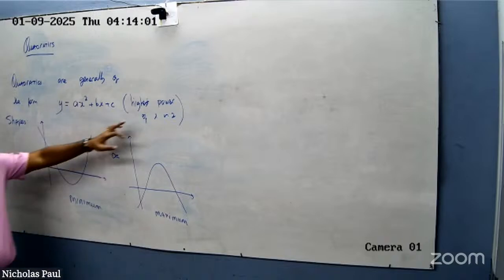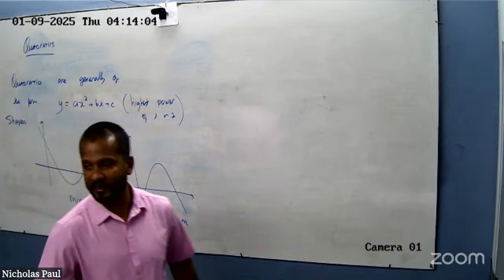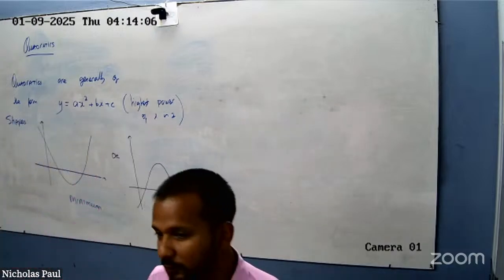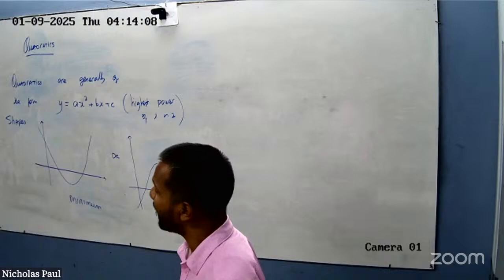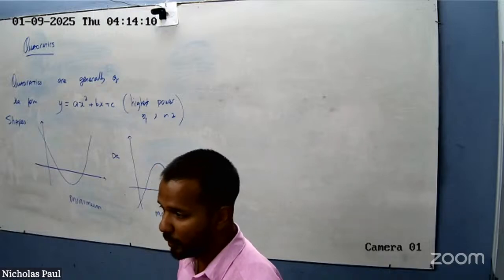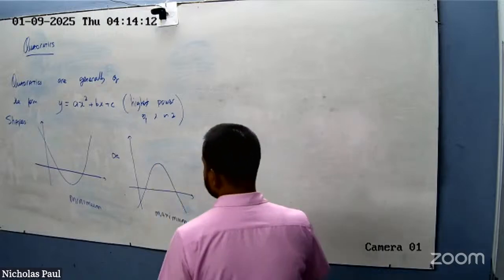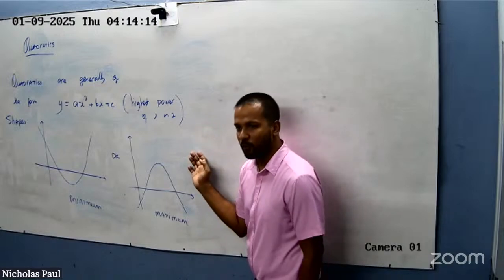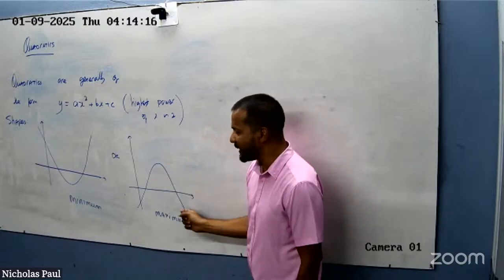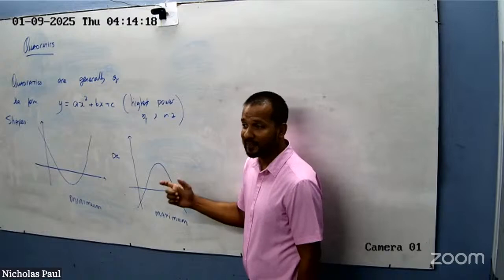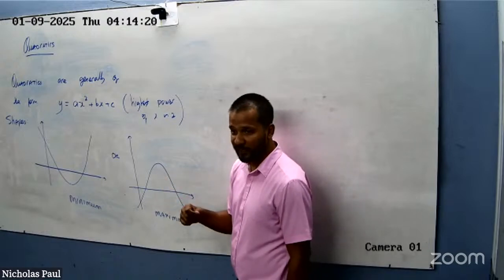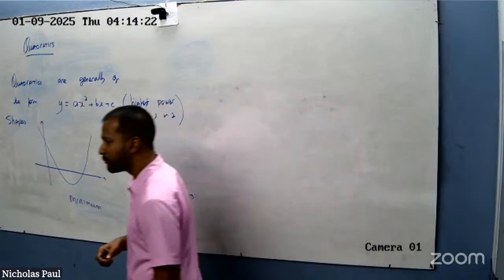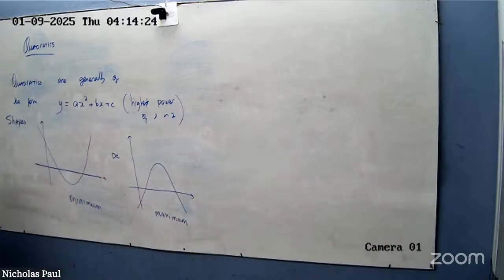Highest power of x is 2. Are you okay with that? Okay, so this is the general shape of a quadratic, and there are things in here that we need to be able to get in order to draw this for ourselves, like the minimum value and the x value.